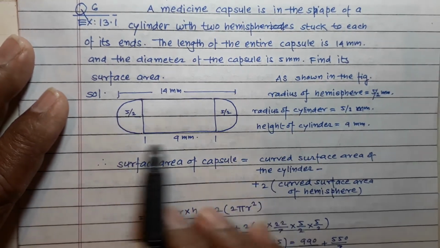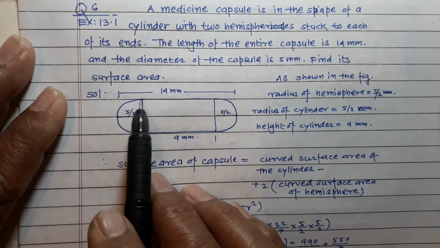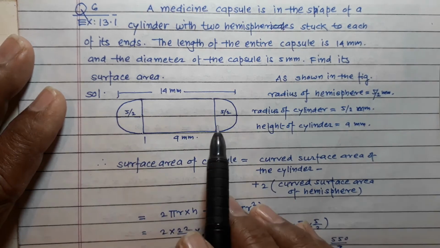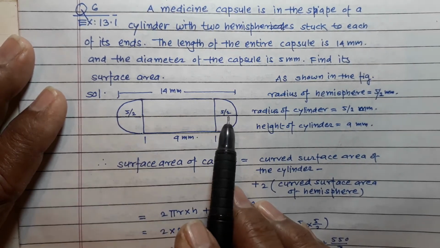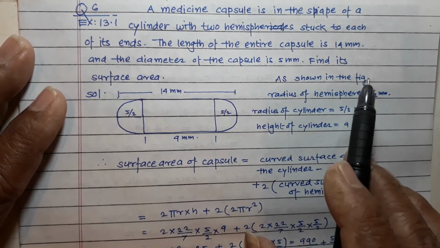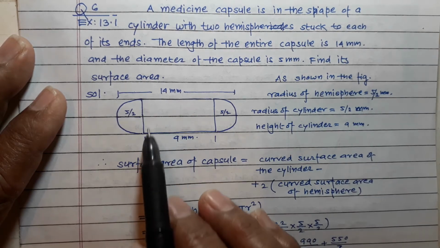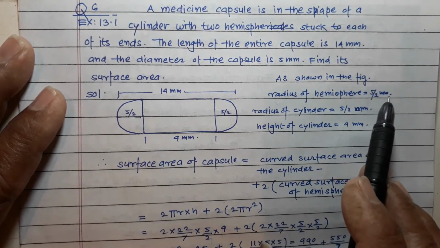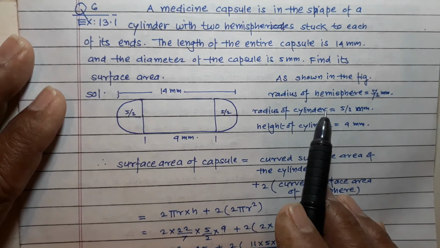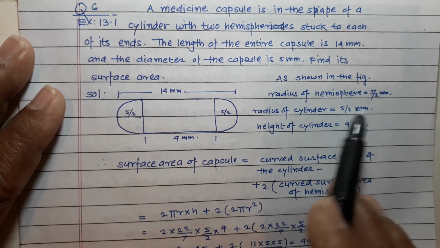Now this is a capsule. This portion is cylindrical and these two ends are hemispherical. As shown in the figure, radius of hemisphere is equal to 5 upon 2 millimeter. Radius of cylinder is equal to 5 upon 2 millimeters.